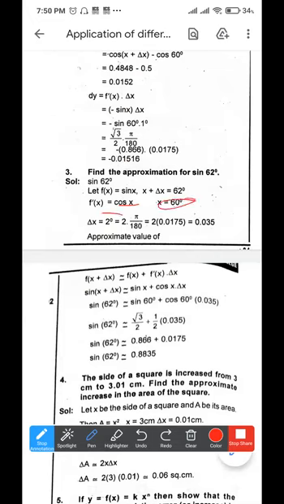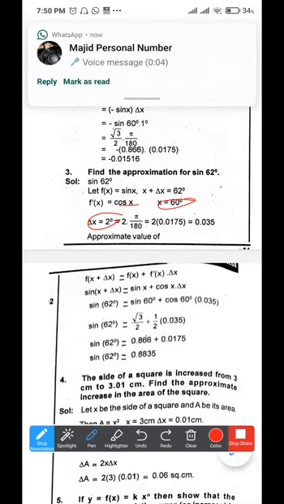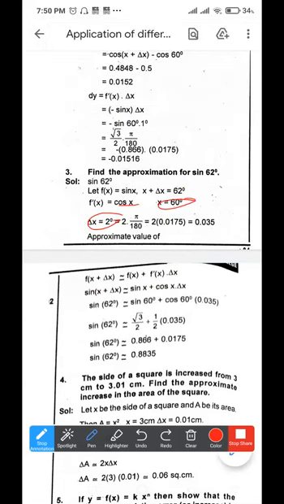So x is 60 and delta x is 2 degree. 2 degree we are converting. It will be 2 into pi by 180. The value of pi by 180 is nothing but 0.0175. Multiply these two and we'll get the final answer.